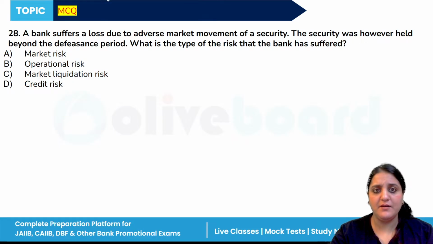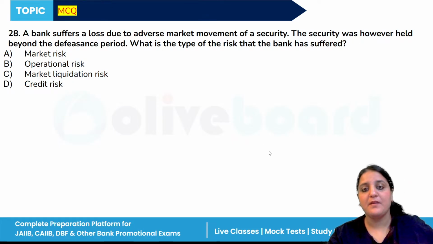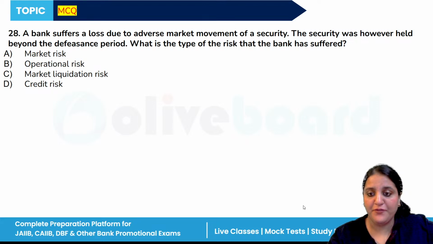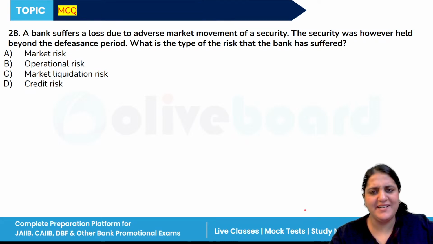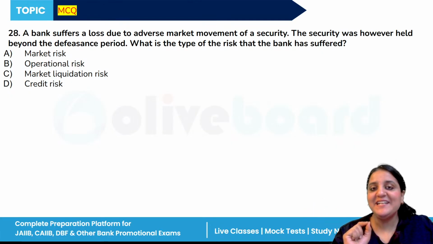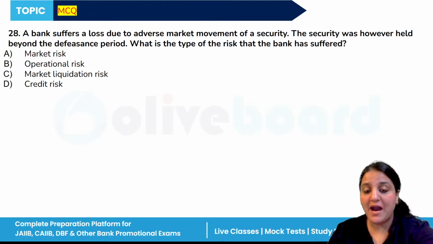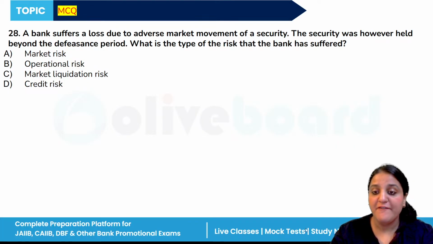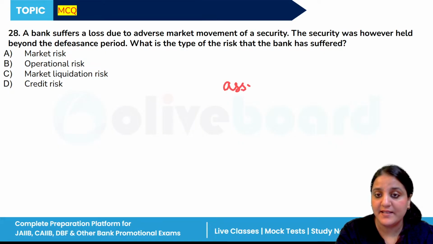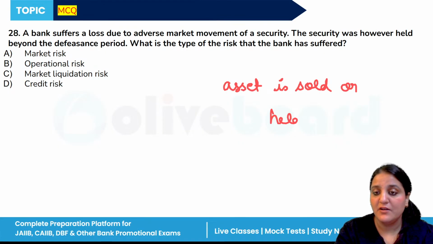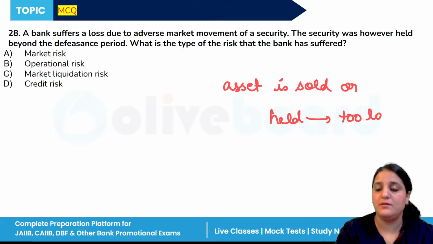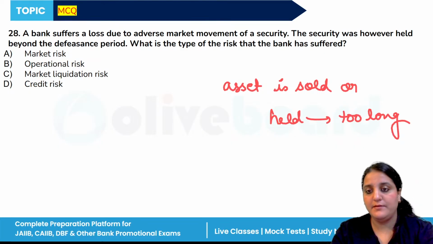So that means, in the given types of risk, the options are given. Market risk is just because of adverse movement in the market factors. Operational risk, credit risk, market liquidation risk. Now, market liquidation occurs when the asset is sold or held for too long, right?